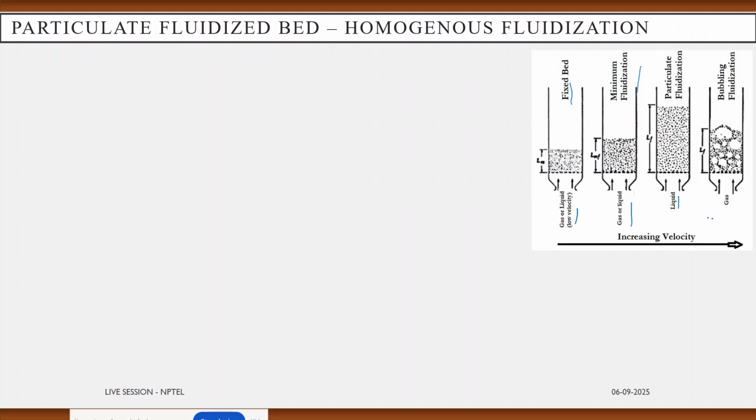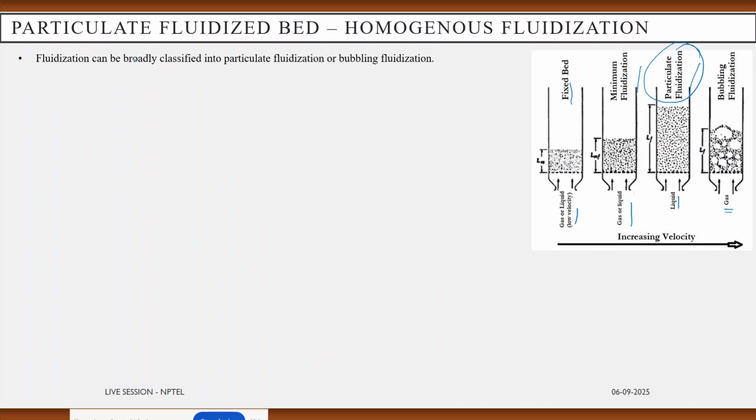At a still higher liquid velocity, it reaches homogeneous fluidization, so it is particulate fluidization. But when you are dealing with gas, then it may form bubbles, so it will give you aggregated or non-homogeneous fluidization. So at this point we are discussing this part, particulate fluidization.